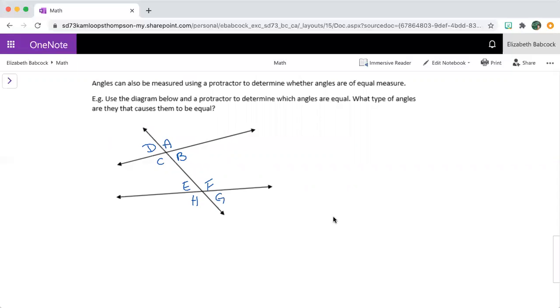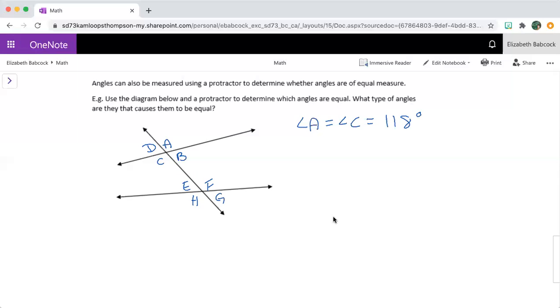If I'm using my protractor, I'm going to be able to identify that there are 4 pairs of angles that are equal to each other within their pair. The first pair that I'm going to identify as equal is angle A equals angle C. I've used my protractor, I've measured them, and I've determined that they equal 118 degrees.